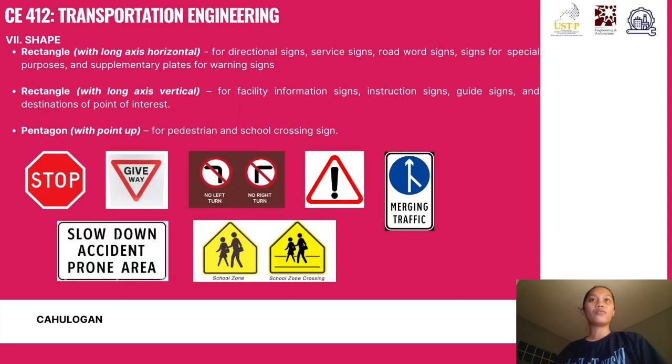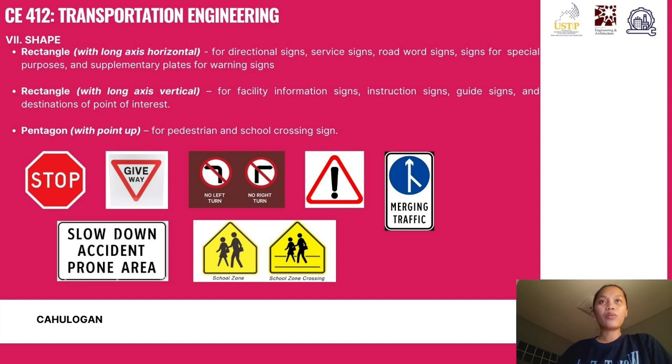Next, we have the rectangle with its long axis horizontal. This is for directional signs, service signs, road work signs, signs for special purposes, and supplementary plates for warning signs.